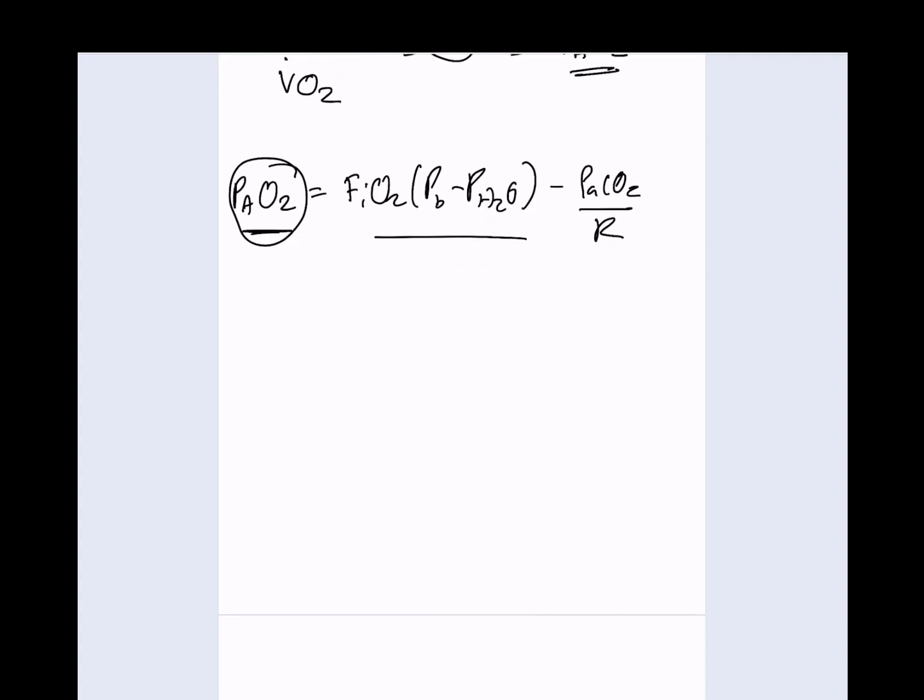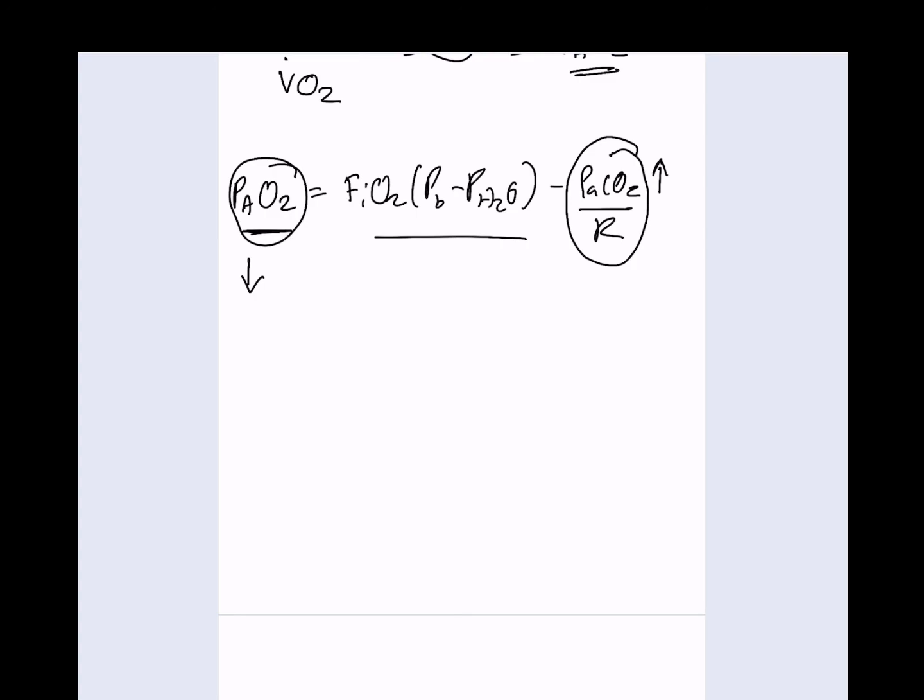What if we increase the carbon dioxide? So let's just say you reduce your alveolar ventilation and consequently your PaCO2 increases. Well, if your PaCO2 increases, this number here increases. If this number here increases, then we get a smaller number for the alveolar oxygen. And that kind of makes sense.